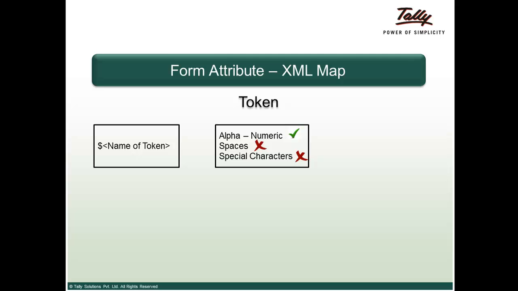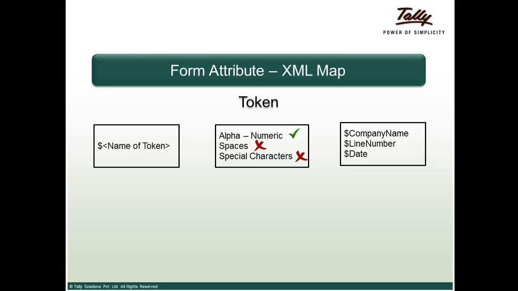Some of the examples for dollar prefix token names are $CompanyName, $LineNumber, $Date. When the source document is used for exporting or printing, all the tokens specified in the document will be substituted with appropriate values by evaluating the expressions set against the XML maps defined for the token.